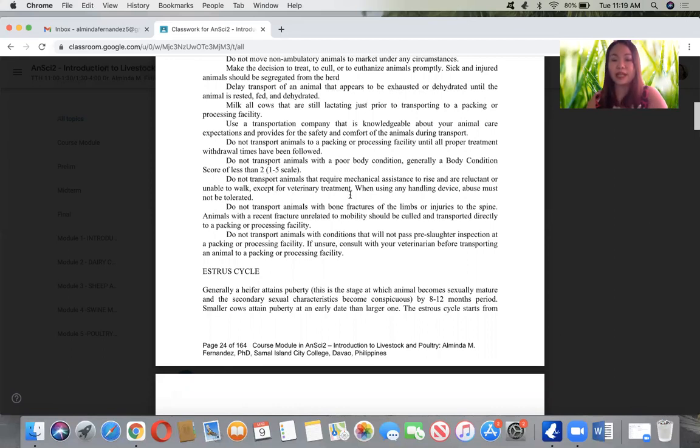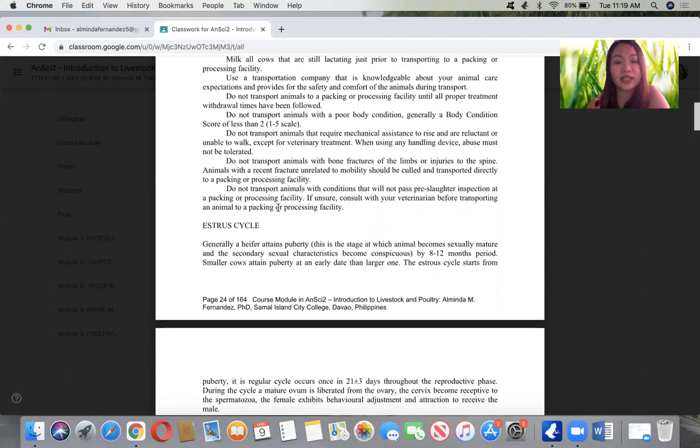Do not transport animals that require mechanical assistance to rise and are reluctant or unable to walk, except for veterinary treatment. Do not transport animals with bone fractures of the limbs or injuries to the spine. Animals with a recent fracture unrelated to mobility should be culled and transported directly to a packing or processing facility. And do not transport animals with a condition that will not pass pre-slaughter inspection at the packing or processing facility.